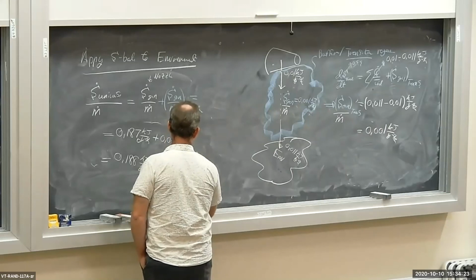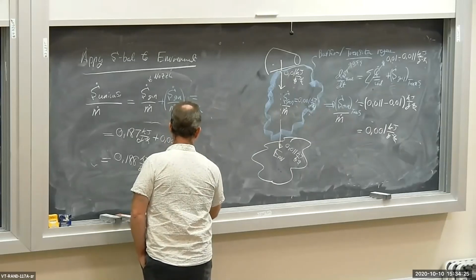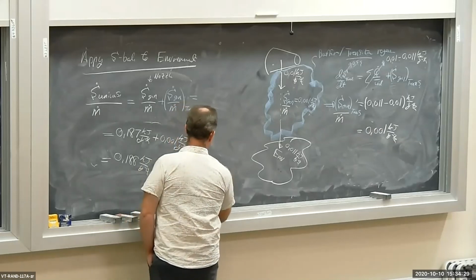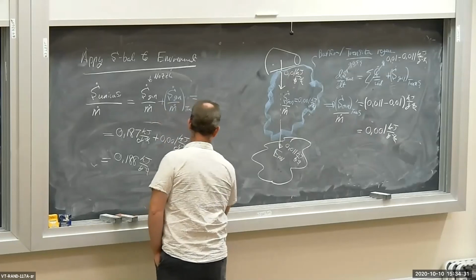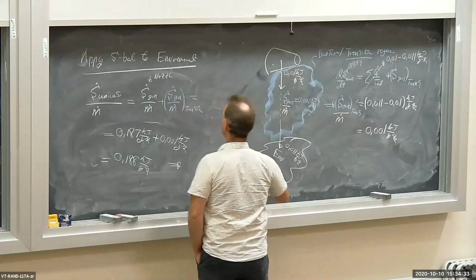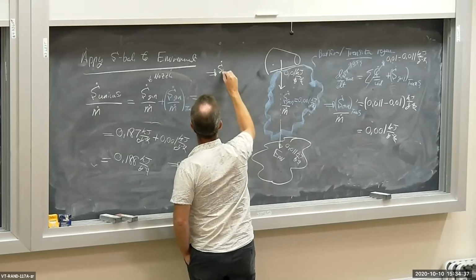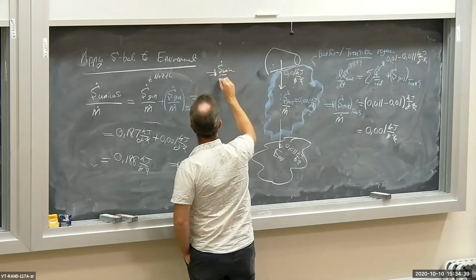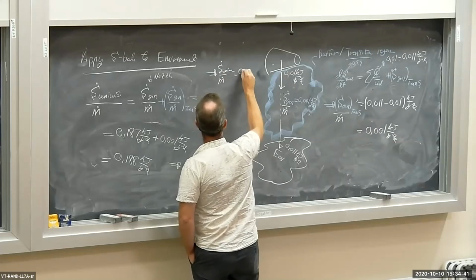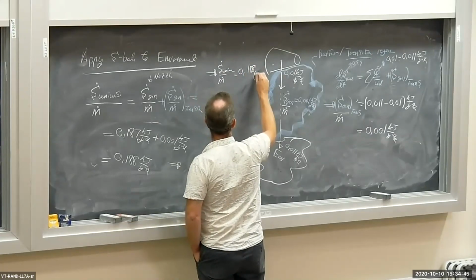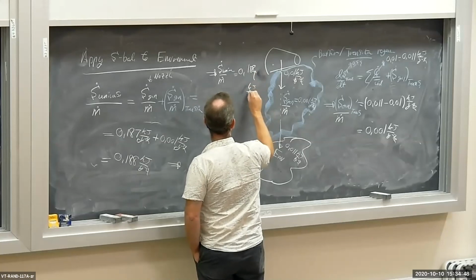S dot universe over m dot is 0.188 kilojoule per kilogram degree Kelvin.